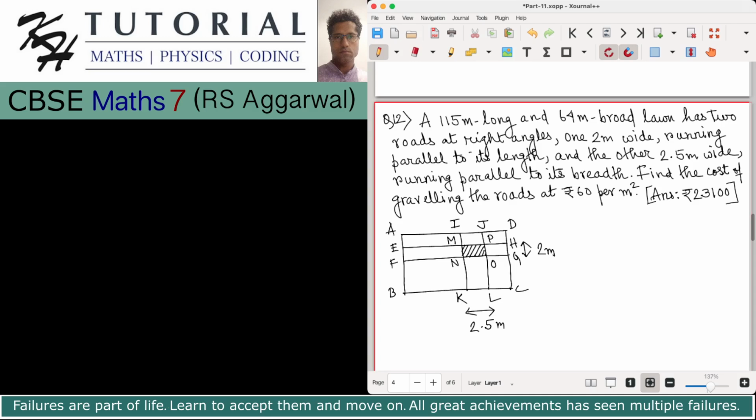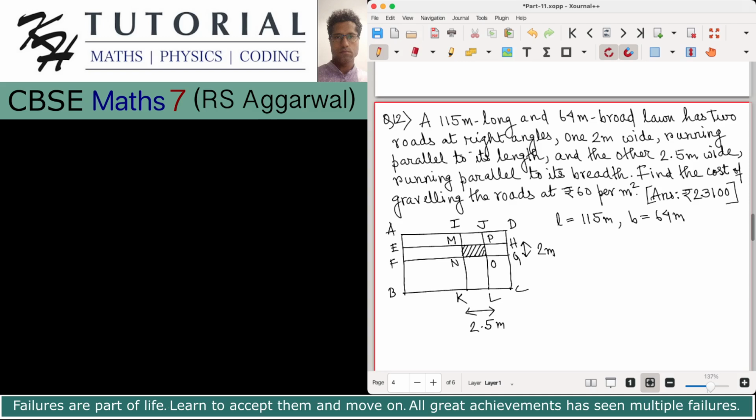So the total area of the two roads will be the area of the two rectangles, that is the rectangles EFGH and the rectangle IKLJ, and then we have to subtract the area of the overlapping region, that is the rectangle MNOP. Okay. So what is L? L means the length of the lawn is 115 meter and the breadth is given to be 64 meter. Find the cost of graveling the roads at rupees 60 per meter square.